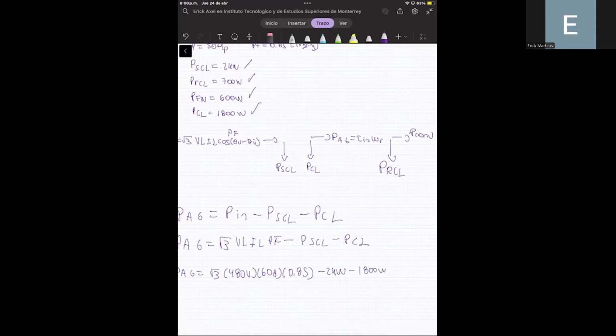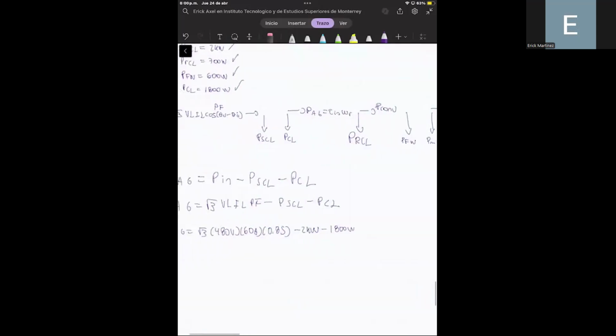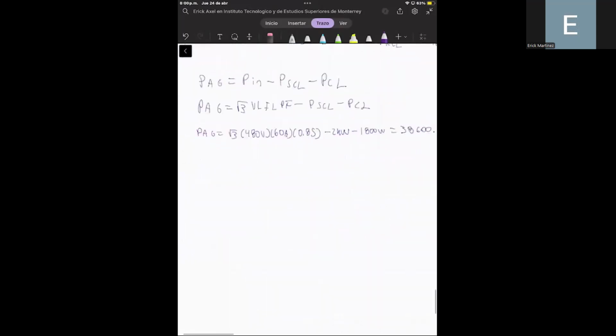So if we compute all of this, we obtain that the air gap power is equal to 38,600.64 watts.